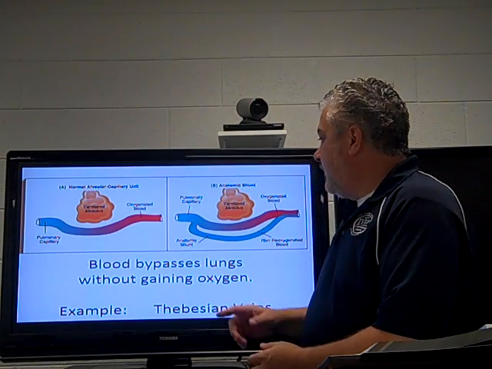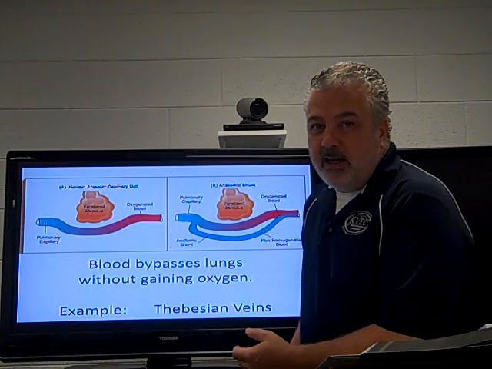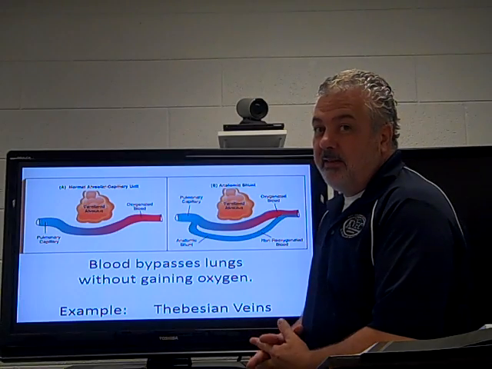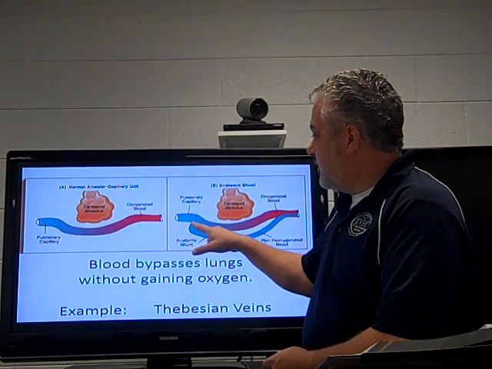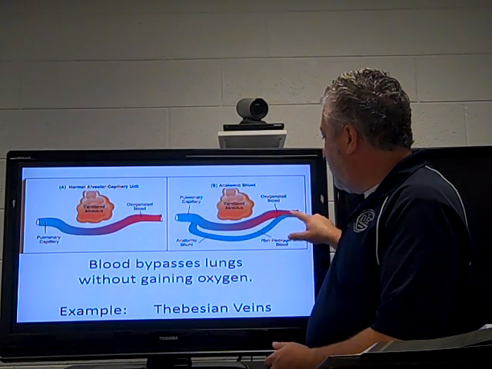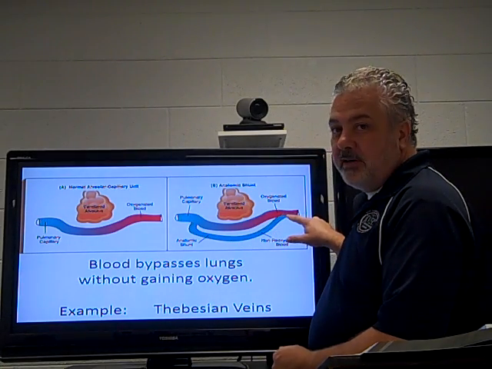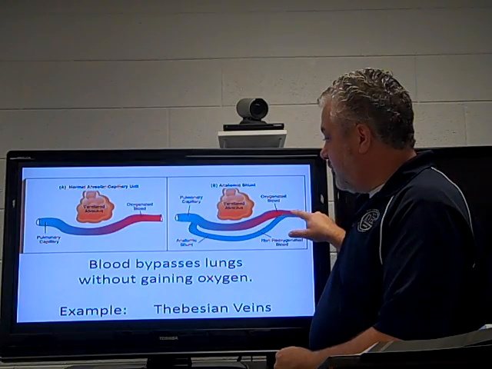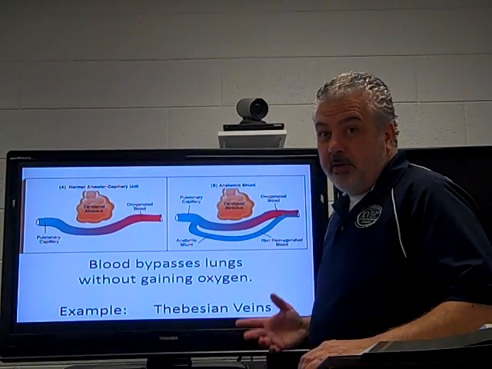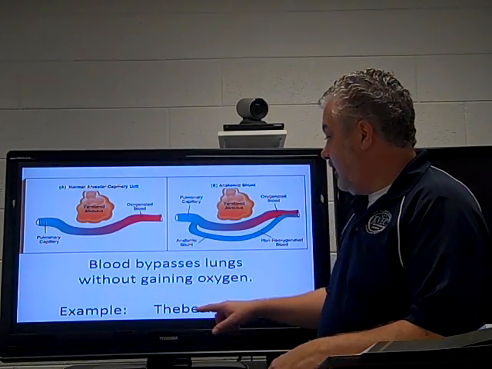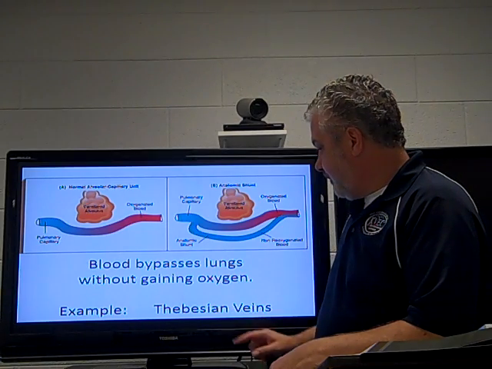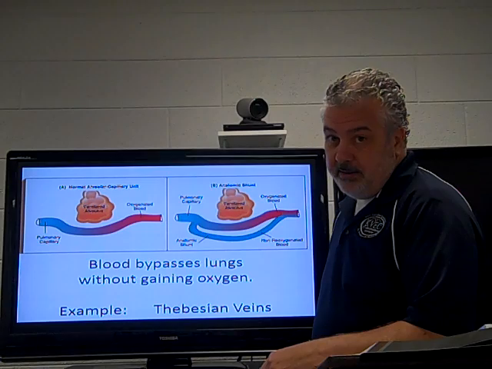Things are looking good and going well. But there are anatomic shunts, which are basically a part of your anatomy, in situations where blood may bypass the lungs without gaining oxygen, and then you have venous admixing over here, where venous blood mixes with arterial blood. This is normally and naturally occurring, and one of the examples is the Thebesian veins.